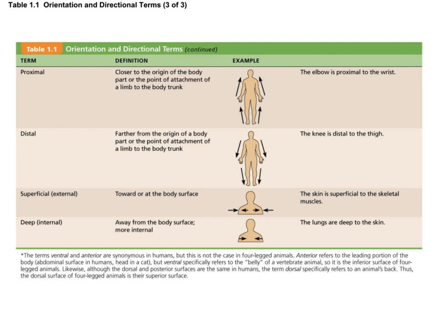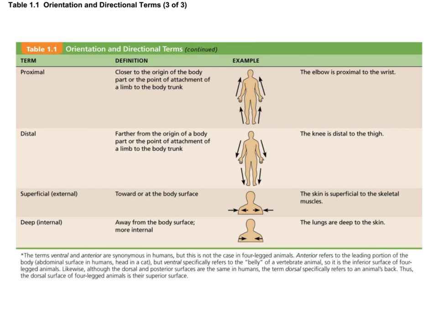Now, probably the ones that are the most difficult, just because they have caveats, are proximal and distal. Now, you only use proximal and distal if both the structures you're looking at are on a limb. And not just on any limb, on the same limb. So I could use proximal and distal to compare my wrist and my elbow, but not my wrist and my ankle.